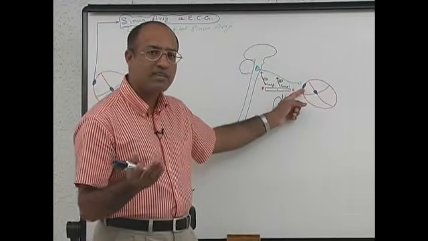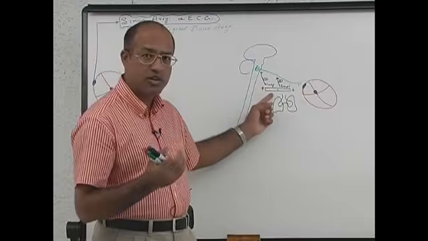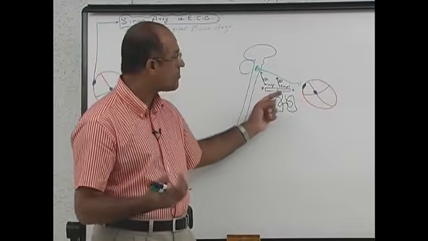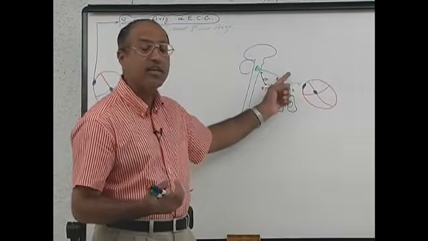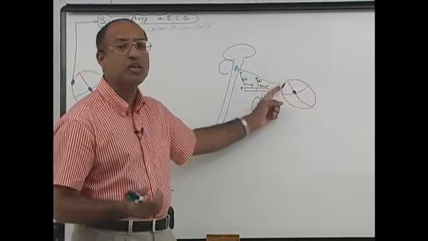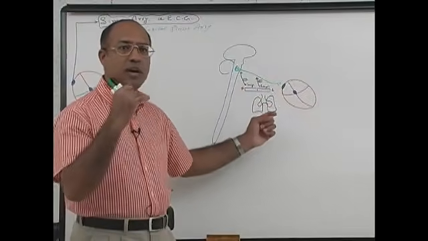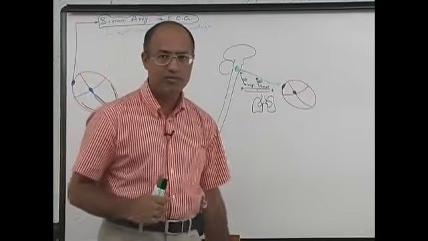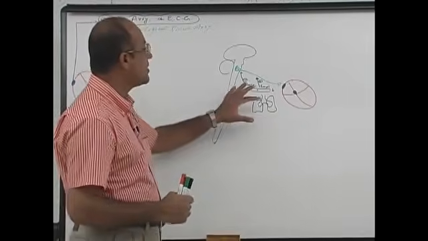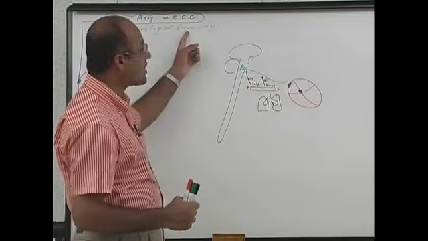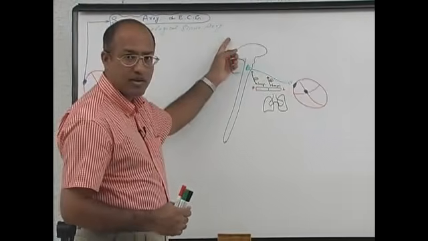So this is a slight increase in heart rate during inspiration. But as soon as you start expiration, vagus is stimulated, it is able to inhibit the heart rate. So during expiration, your heart rate goes slightly down. This phenomenon is called physiological sinus arrhythmia, right?